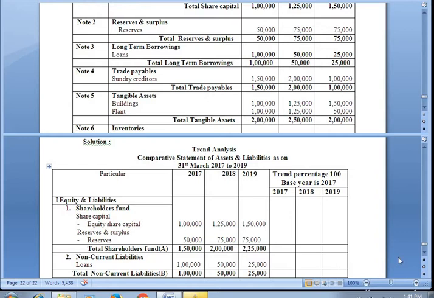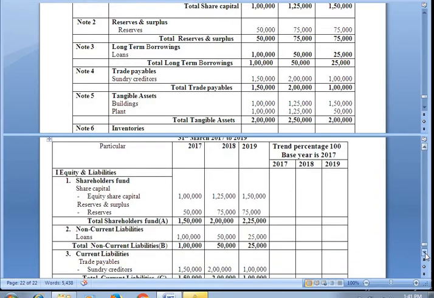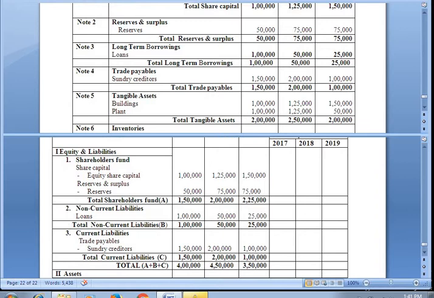After non-current liabilities, third one is current liabilities. Current liabilities include trade payables. Details of trade payables you can find in note number 4, that is sundry creditors 1 lakh 50,000, 2 lakh and 1 lakh. And the total current liabilities is 1 lakh 50,000, 2 lakh and 1 lakh, and the total of equity and liabilities is 4 lakh, 4 lakh 50,000 and 3 lakh 50,000.